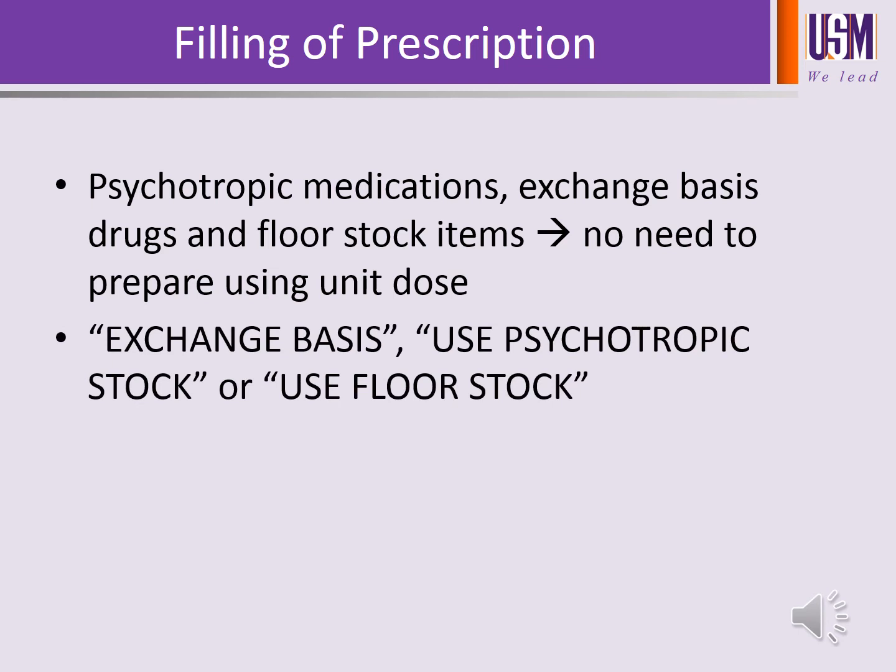On the other hand, filling of prescriptions involving psychotropic medications, exchange basis drugs and floor stock items need not be done in a unit dose manner, and the prescription should be stamped with exchange basis, use psychotropic stocks or use floor stock. This is easy for the pharmacy to supply the drug.